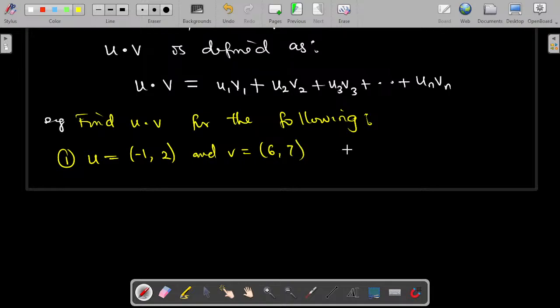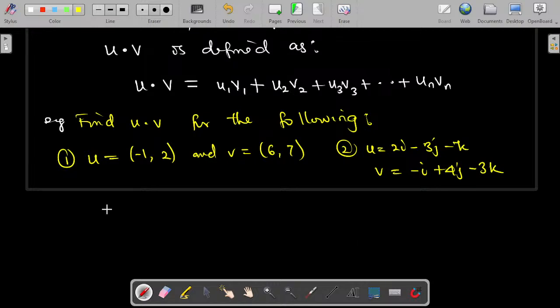Number 2, assume that your U is equal to 2I minus 3J minus, let's say, K, and your V is equal to minus I plus 4J minus 3K. Okay, so maybe we can do with these 2 examples.